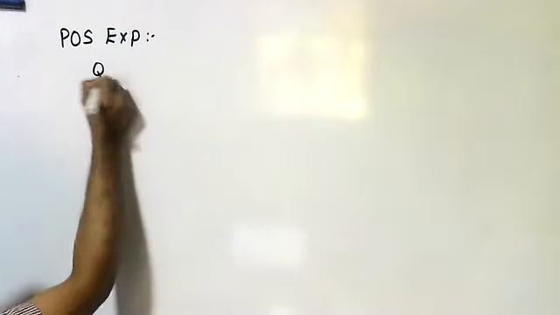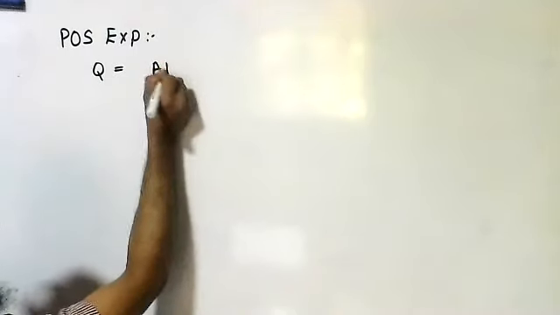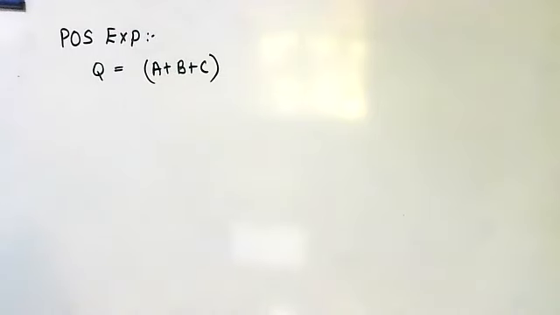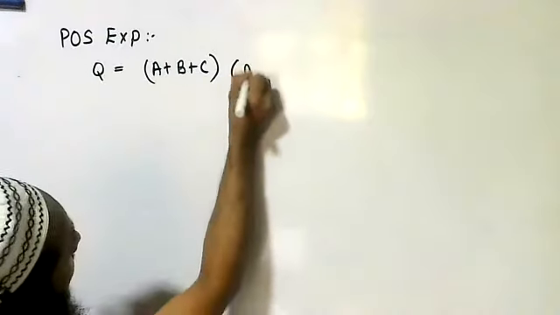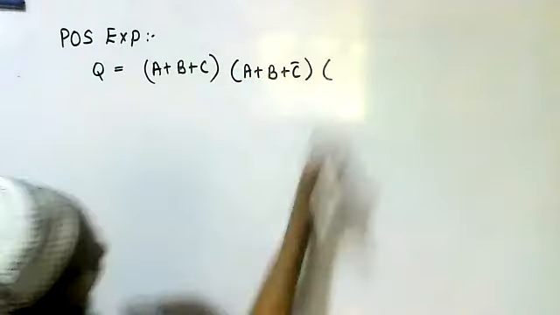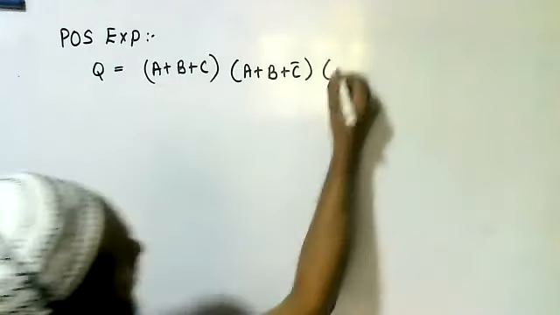Q equals (A plus B plus C)(A plus B plus C)(A plus B plus C bar)(A plus B plus C bar)(A plus B bar plus C bar)(A plus B bar plus C bar).